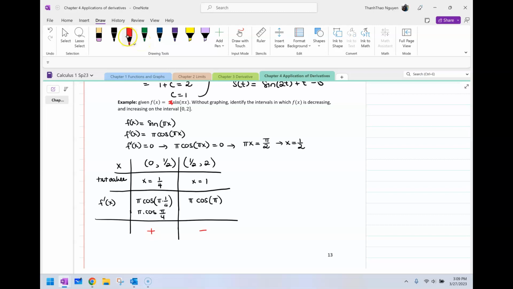Because f prime of x is greater than 0 in the interval from 0 to 1/2, f of x is increasing in the closed interval 0 to 1/2. f of x is decreasing in the interval 1/2 to 2.